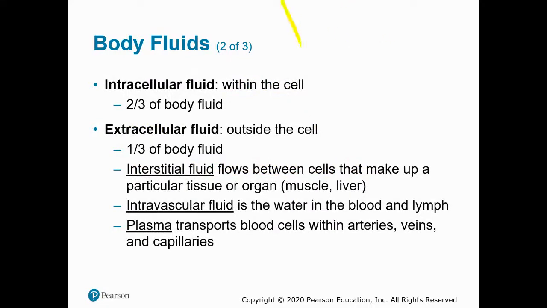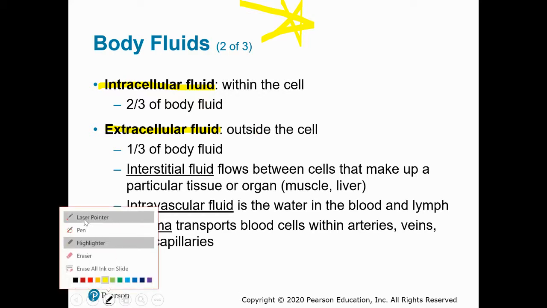Important to know here, there are different ways that we can categorize or define fluids in our bodies. Two major ways of talking about fluid: we can talk about intracellular fluid, and we can identify extracellular fluid. Again, here's a place to not necessarily try to memorize something, but to understand what the words are telling you.